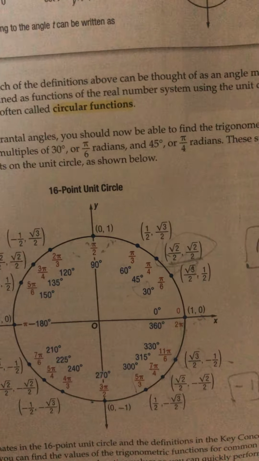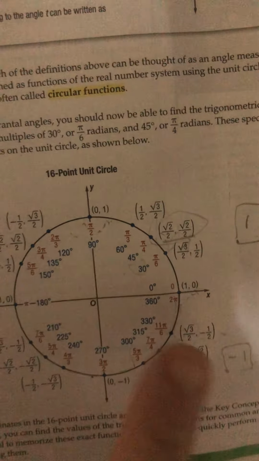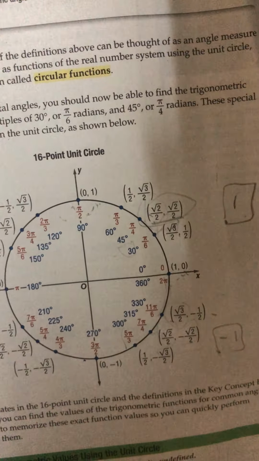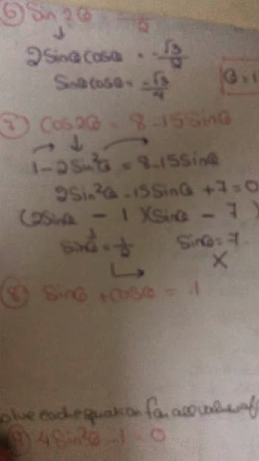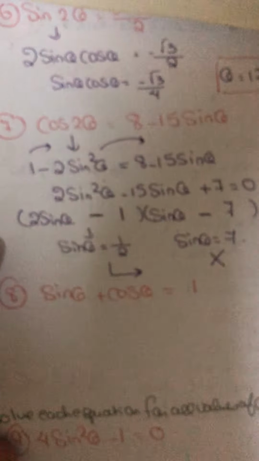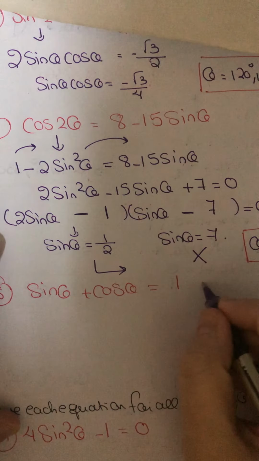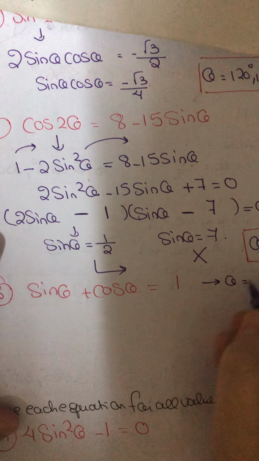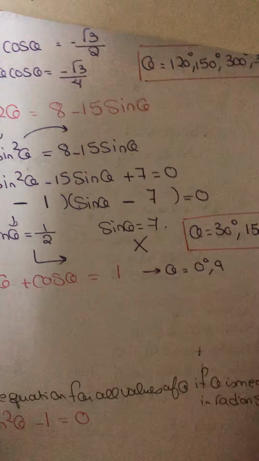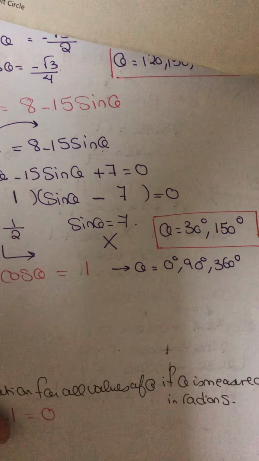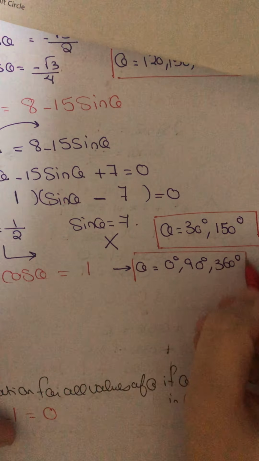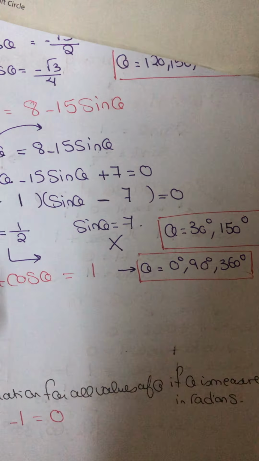And since they said from 0 to 360, I can add also 360 to the answer. But I will show you some steps for that too. But anyways, the answer is theta equals 0 degrees, 90 degrees, and 360 degrees. If you want some steps for that, I can do that.